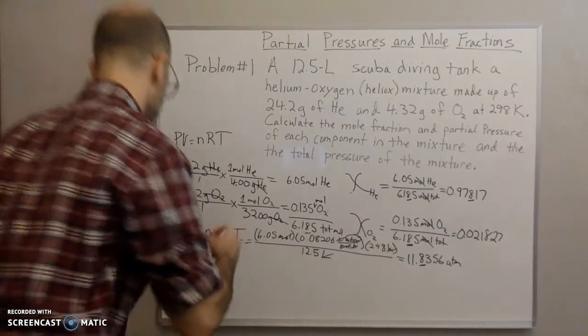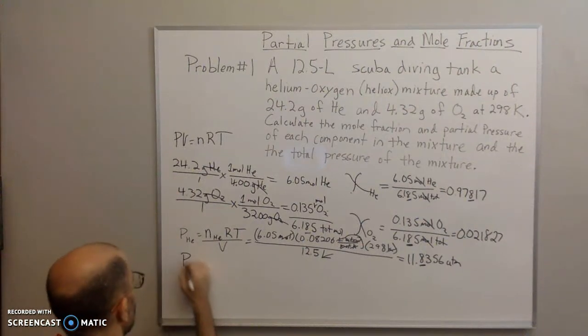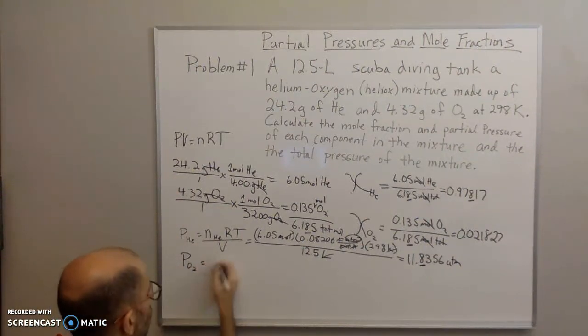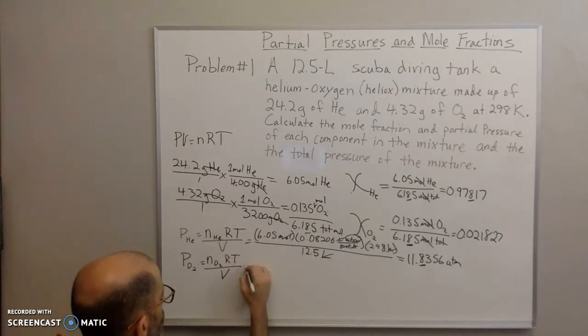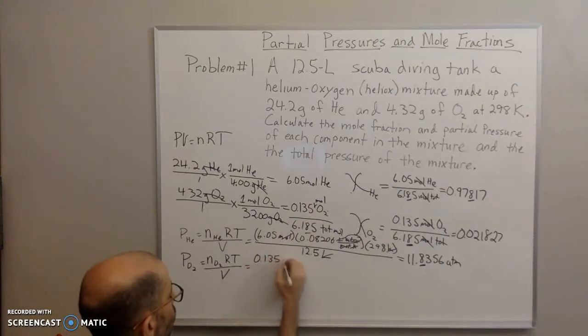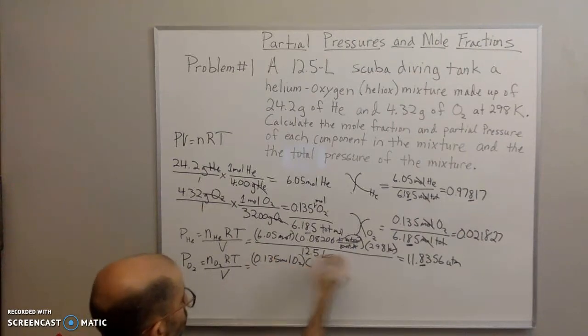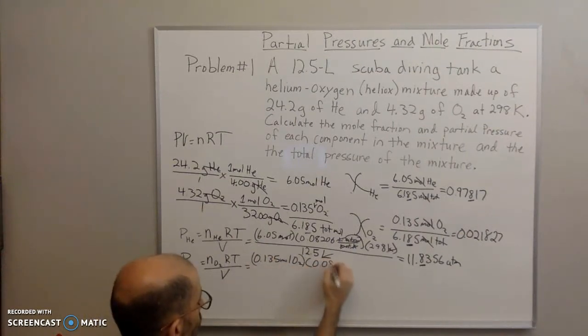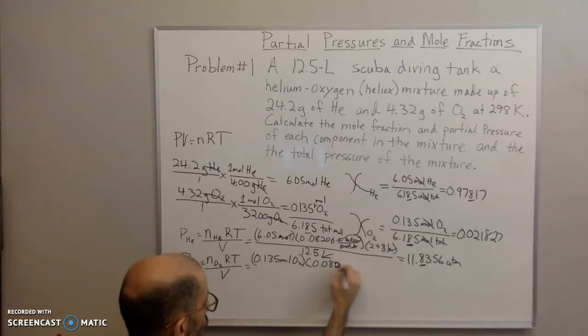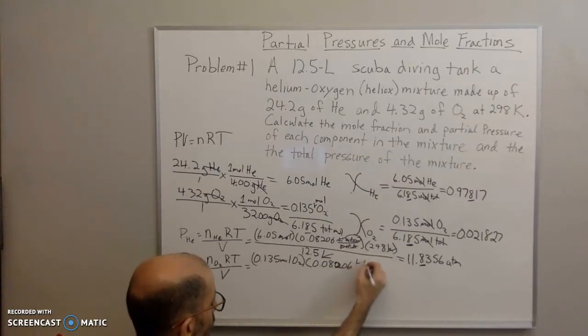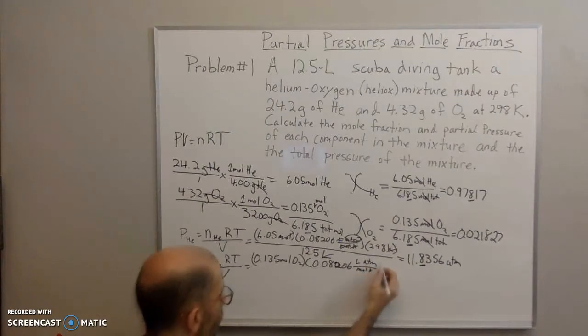So now we can do the same thing for oxygen. So the partial pressure of oxygen is equal to the same thing. The moles of oxygen times RT divided by volume. So we use the moles, 0.135 moles of oxygen multiplied by 0.08206 liter atmospheres over mole Kelvin.